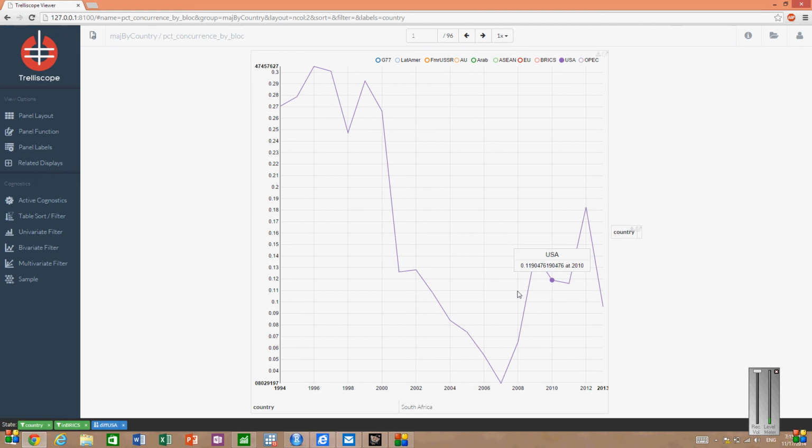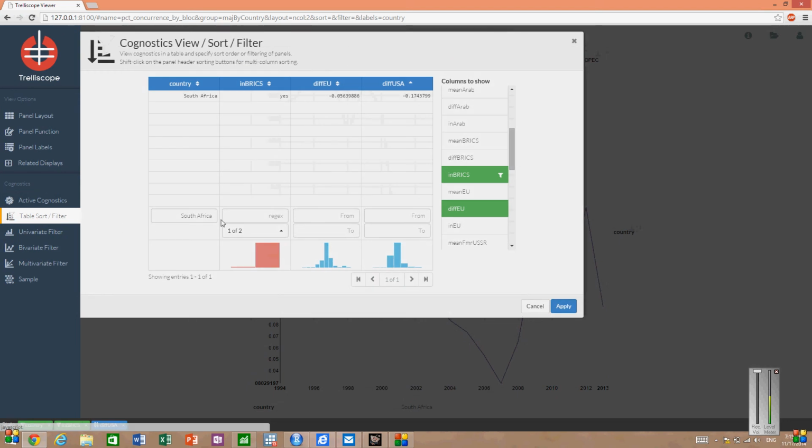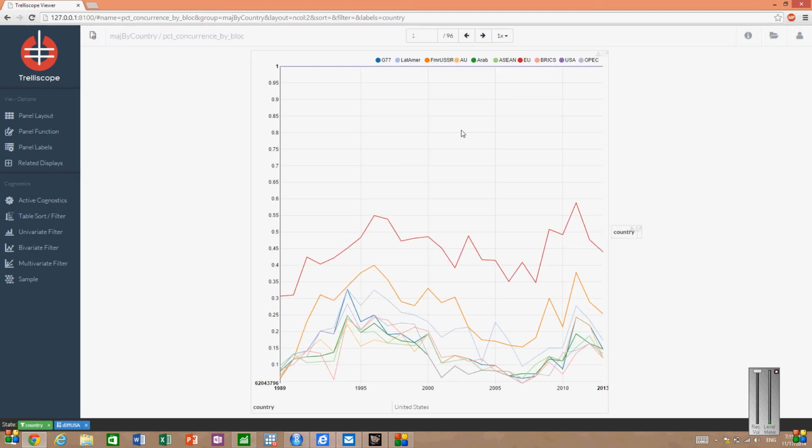As a member of BRICS and an African country, it holds a relatively unique position. So we can see how these two blocs have been voting relative to the United States to see if there are any common themes between South Africa's behavior towards the United States and their behavior towards the United States.